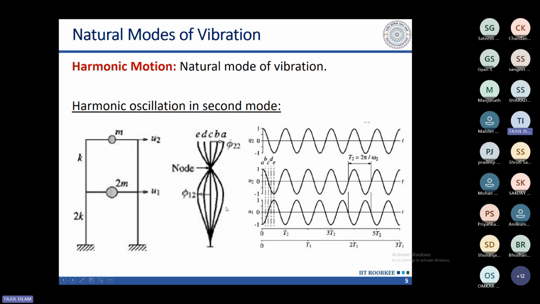So this again we say is the second translational mode in the structure, where your deformation pattern changes one time with respect to the vertical axis. The same things we discussed in the previous case you can interpret here. All the points are reaching their respective peak at the same time.